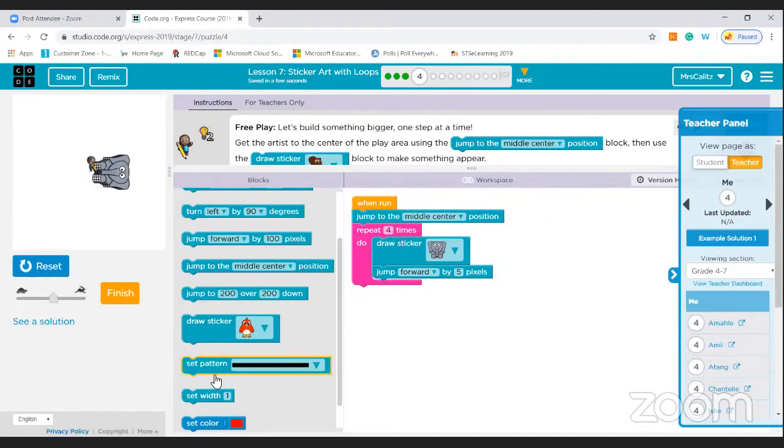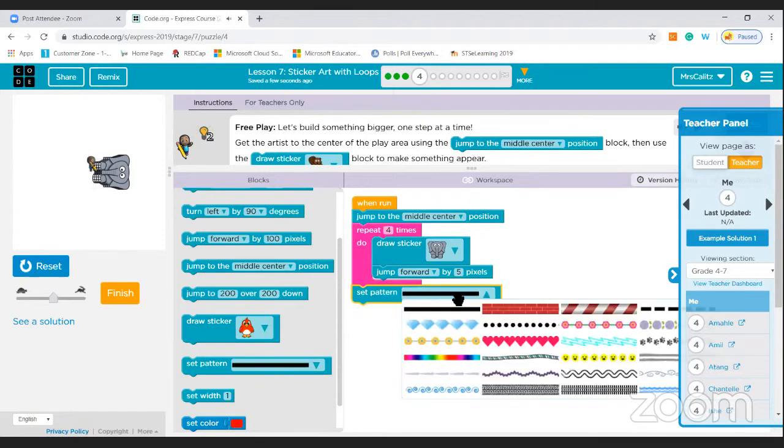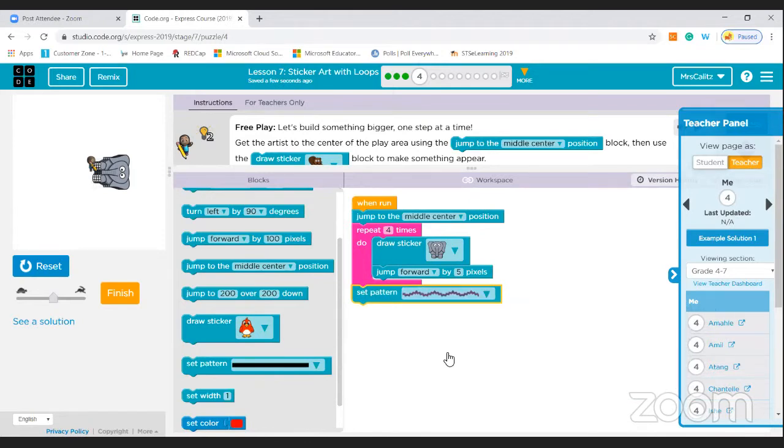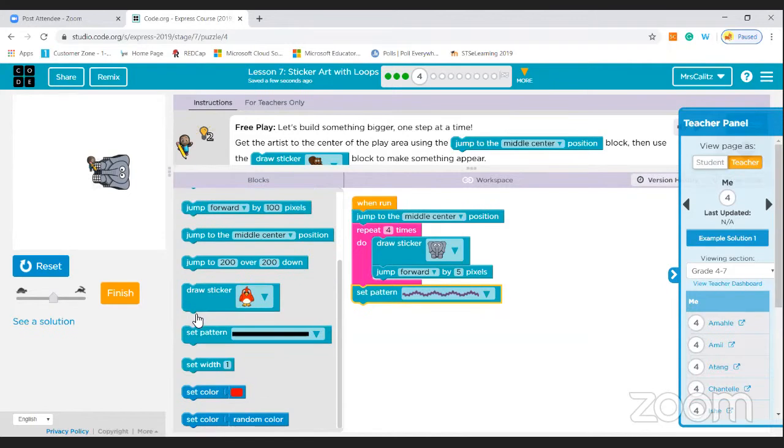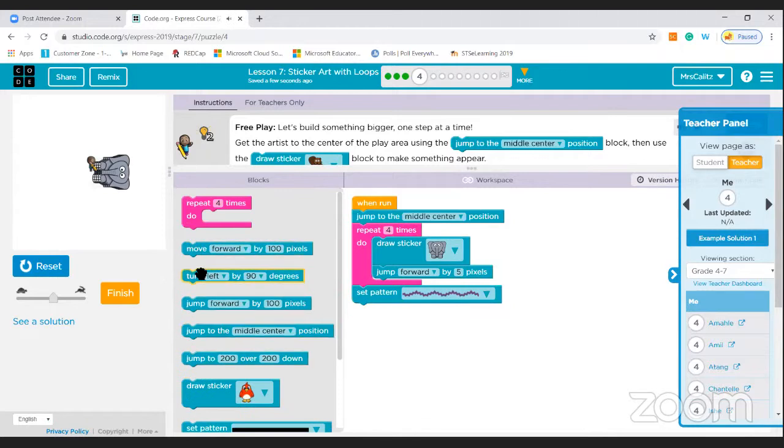And then if I set the pattern to something different, and I set the color, no. Let's see what happens. Do you think anything is going to happen?